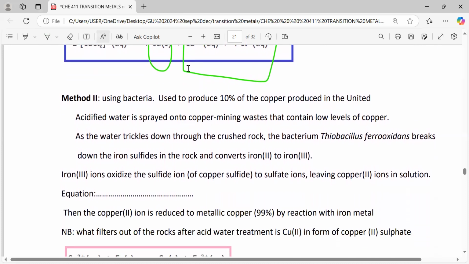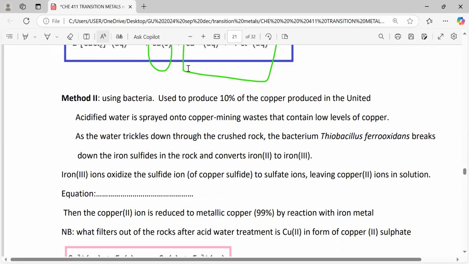Method 2 actually is a method of recycling waste from the mines. It uses bacteria. This method is used to produce 10% of the copper in the United States.